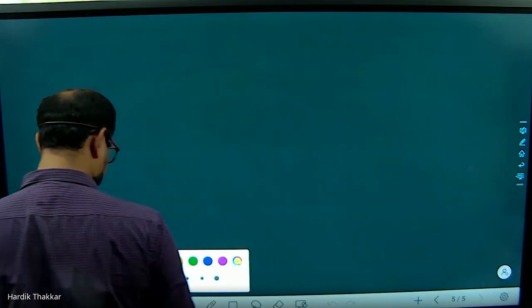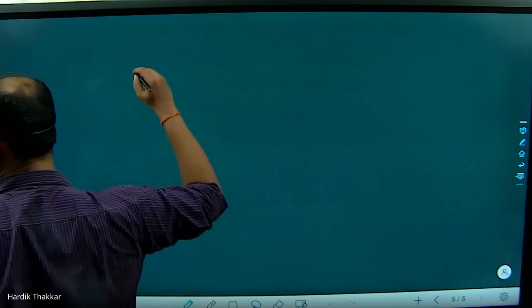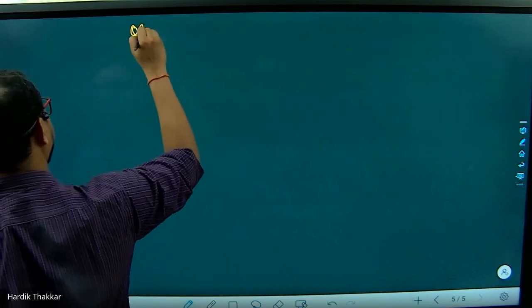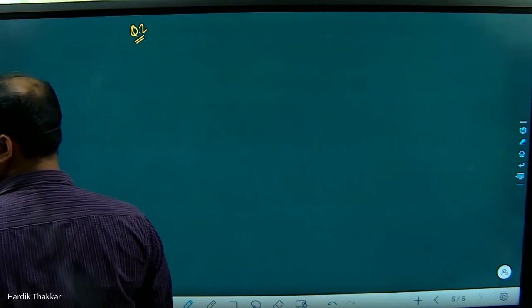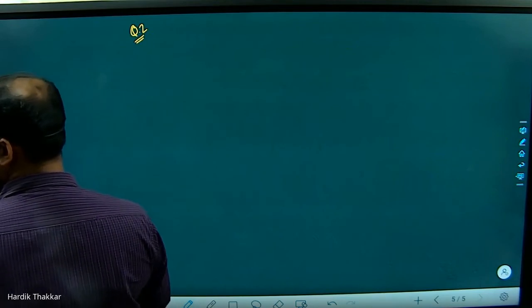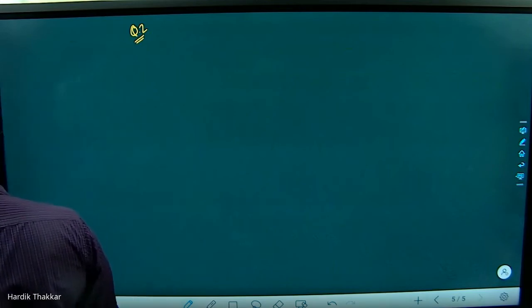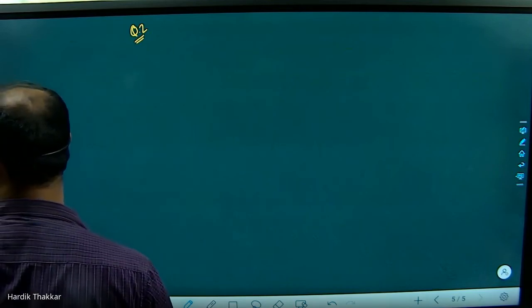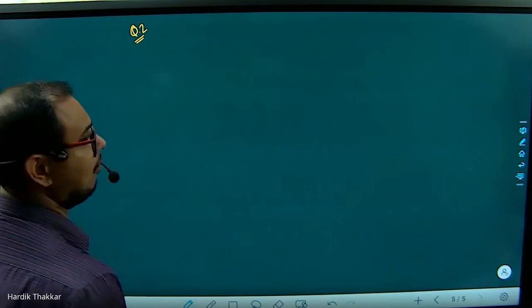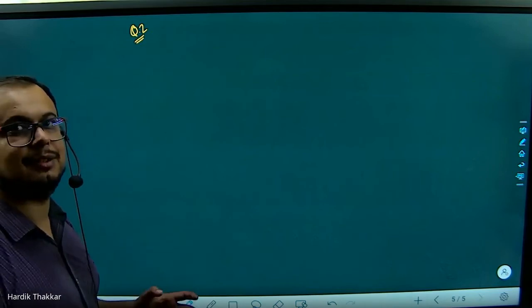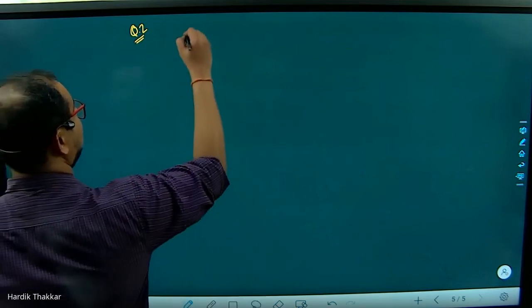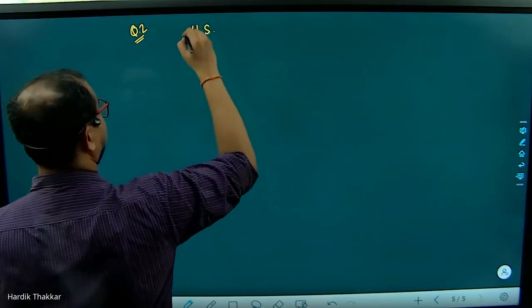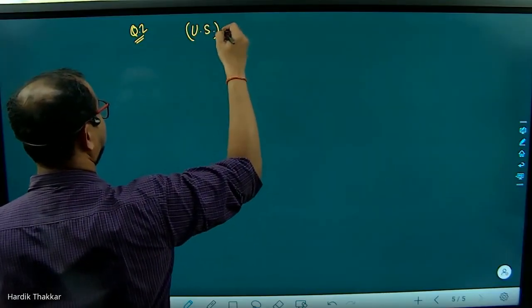Now try to solve the second question. Question number 2. It is given that a man can swim upstream at 6 kilometer per hour and downstream at 10 kilometer per hour. So this 6 kilometer per hour, what will we consider this as? Yes, it is x minus y, because upstream speed is given.